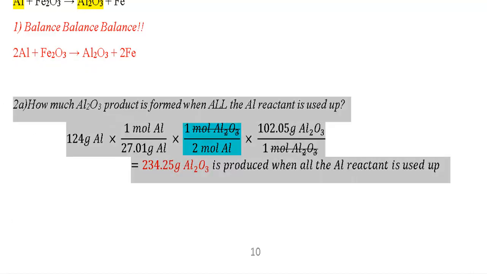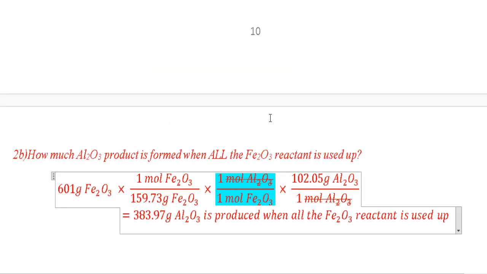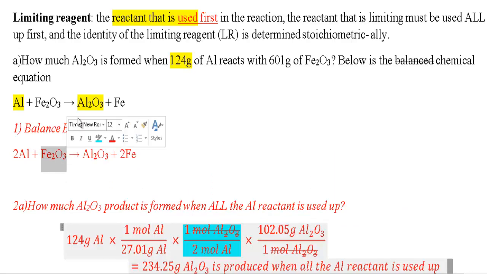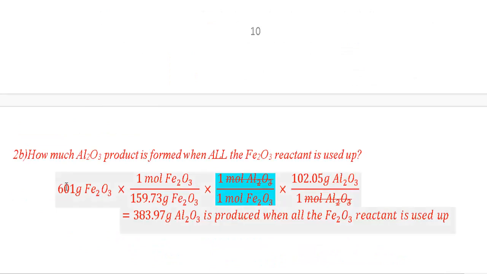How much product is formed when all of the Fe2O3 reactant is used up? So that's going to be question 2B. Question 2B is asking how much product Al2O3 is produced when all the Fe2O3 reactant is used. So we have 601 grams of Fe2O3.